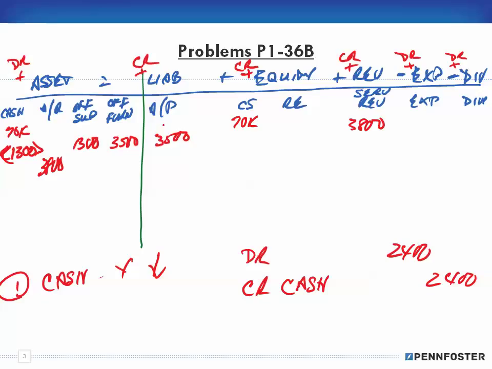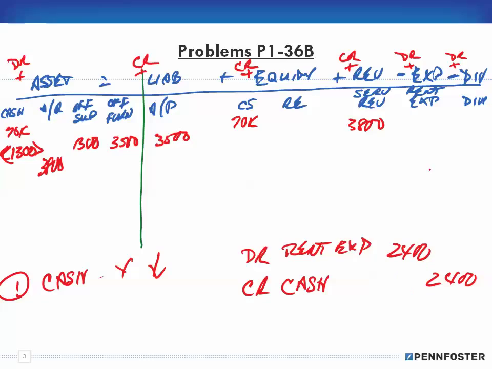Rent is a normal daily operation of the business. All right, you incur rent every single day, even though you pay it once a month. So we know it's not equity because it's not an investment in the business, and certainly isn't a sale, so it has to be an expense. And in this case here, it is rent expense.